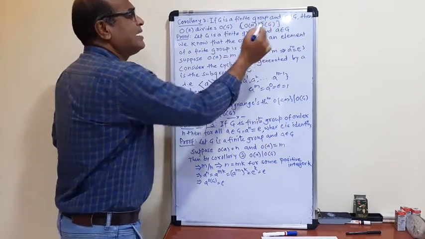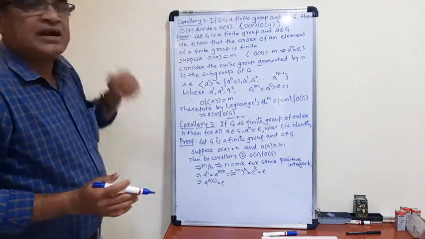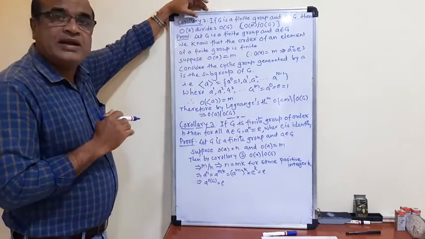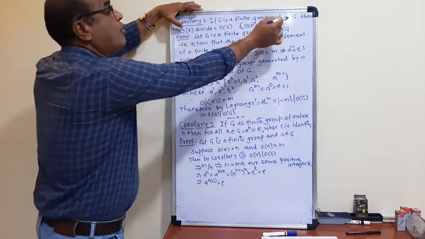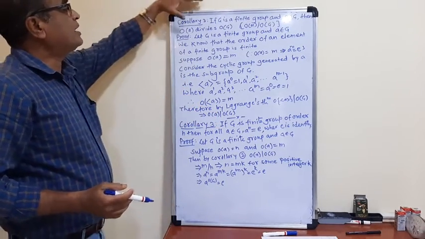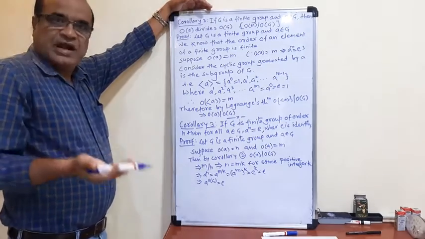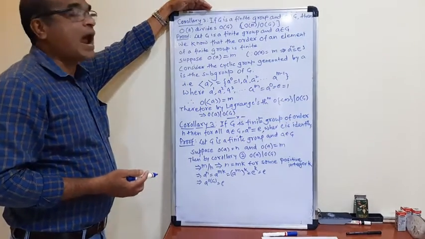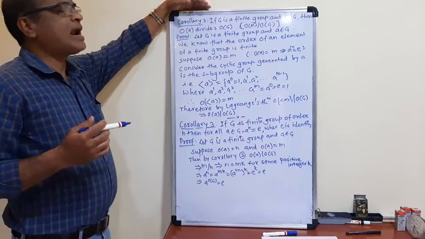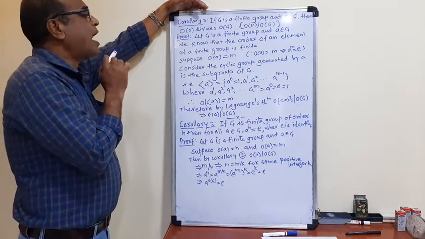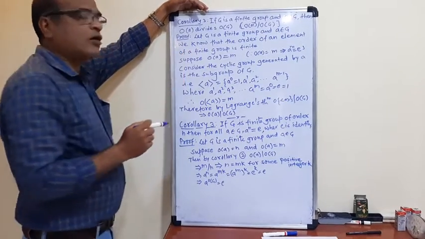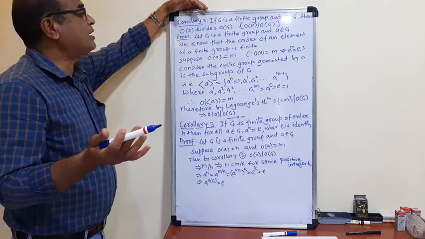So what is the consequence of Lagrange's theorem? If G is a finite group and a is an element of G, then the order of a divides the order of G. Proof: let G be a finite group and a an element of G. We know that the order of an element of a finite group is finite.